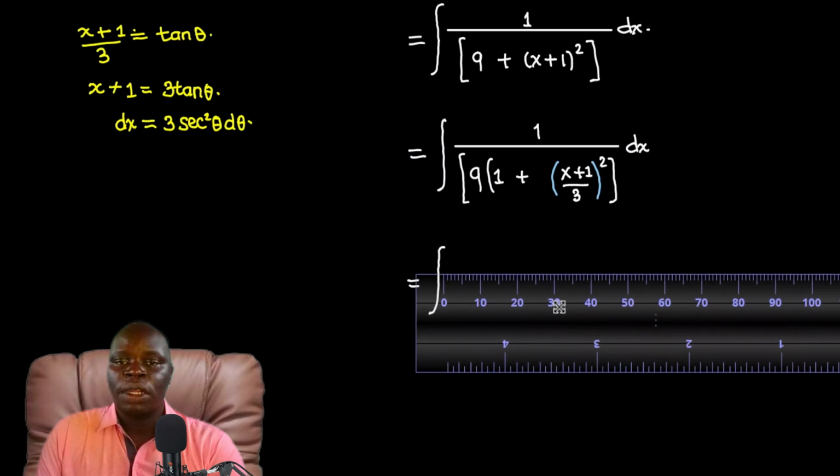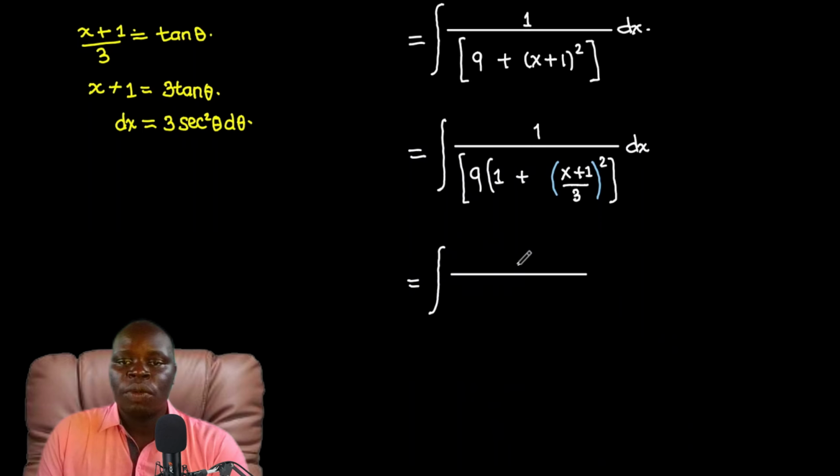So we can do that by having this line drawn, and we have 1 from the numerator. So here we can keep our 9 somewhere here, and inside here we have still our 1 plus, so instead of writing x plus 1 over 3, we have already said that is the same as tan theta.